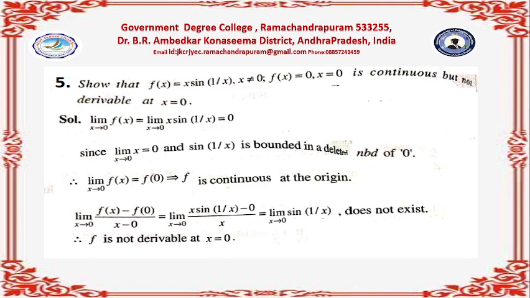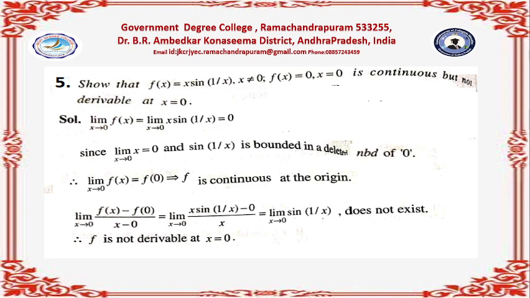So here this limit becomes equal to 0 because it is the product of two functions. The first function is x, the second function is sin 1 by x. So limit of the first function is 0, whereas the second function is a bounded function. Hence by the properties of continuity we see that this limit is equal to 0.